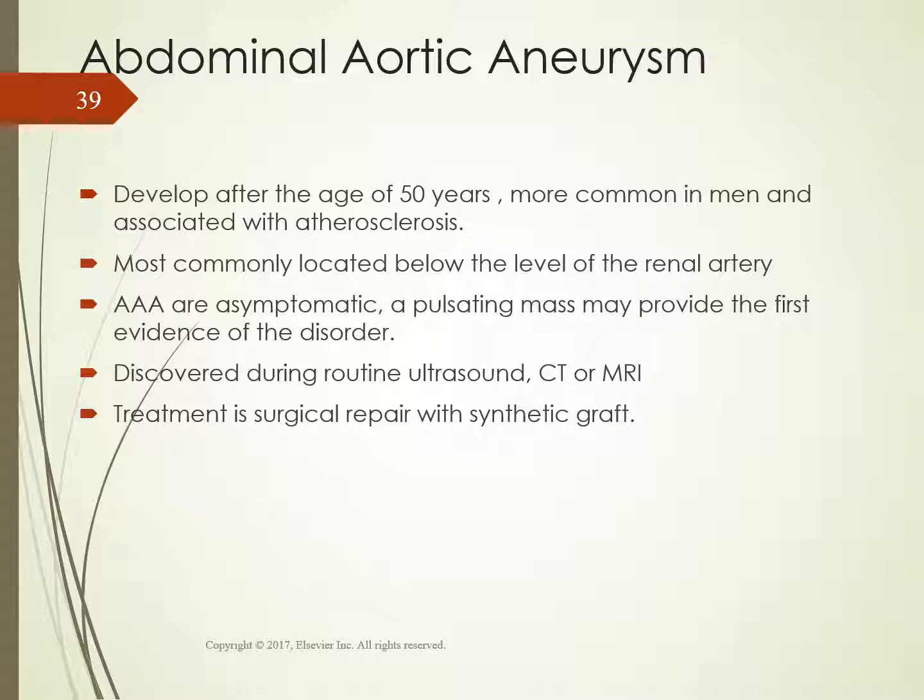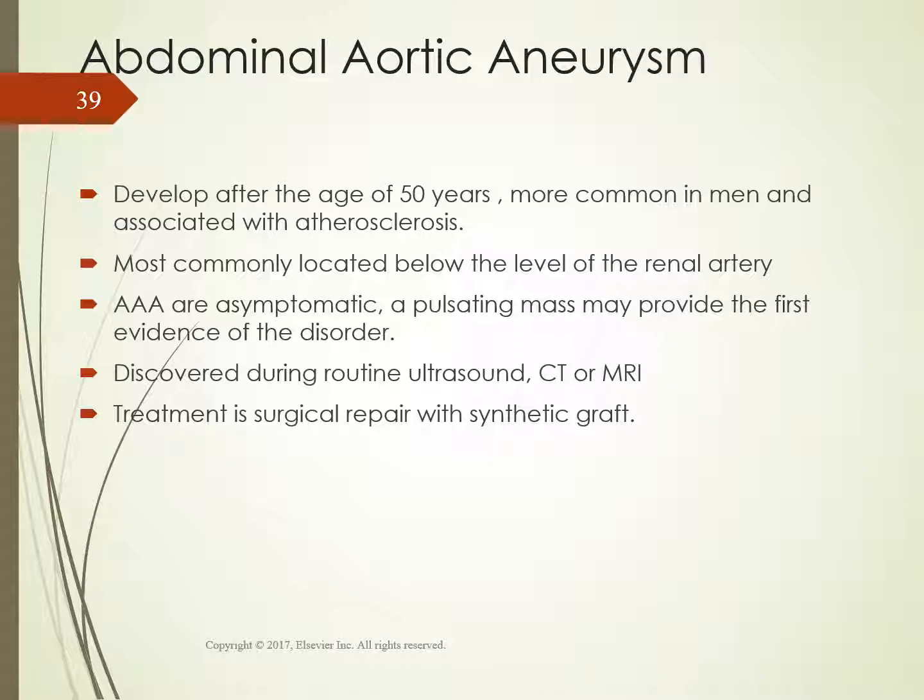They are usually discovered during routine ultrasound, CT, or MRI, usually accidentally. The risks include thrombosis, PE, erosion of vertebrae, and compression of the lumbar nerve. How they can fix it depends on where it's located.